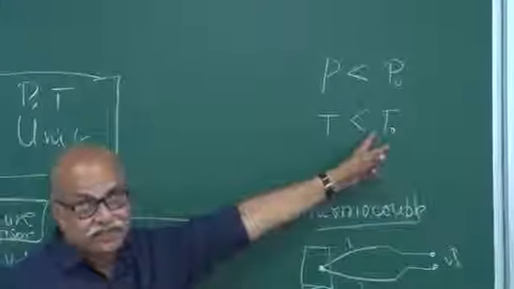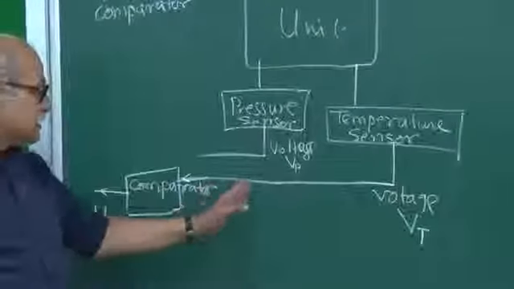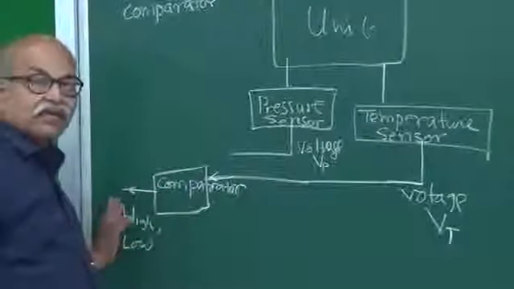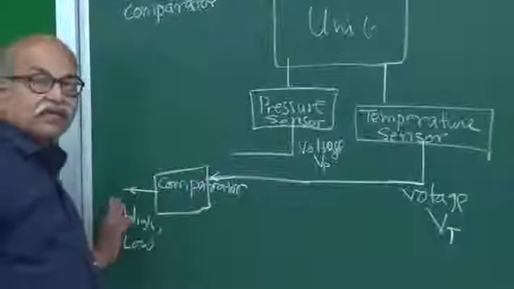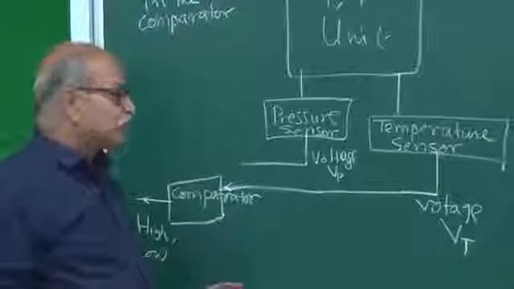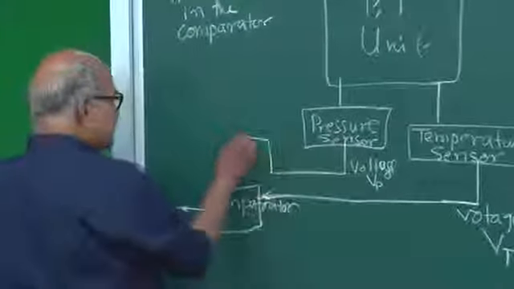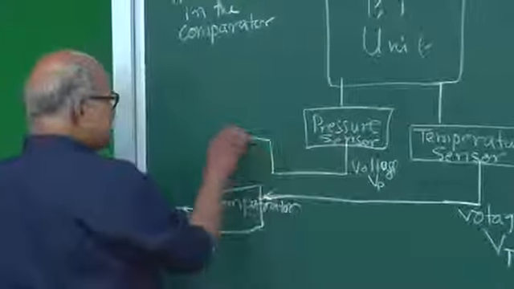So, I know at 370 degrees Celsius how much voltage will be created here. So, I can put that as the preset value. So, the moment this signal is more than that, it gives me this high output, and as long as it is less, it gives me the low output. So, this is it. Similarly, you can have a comparator here.